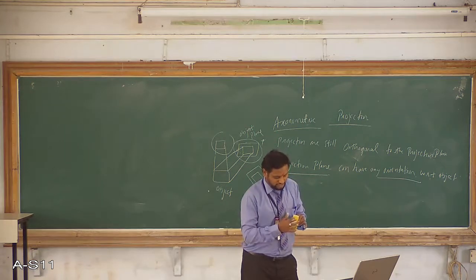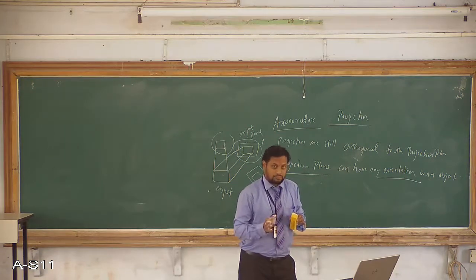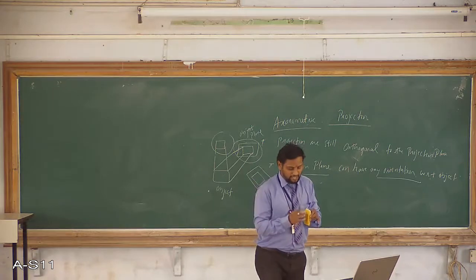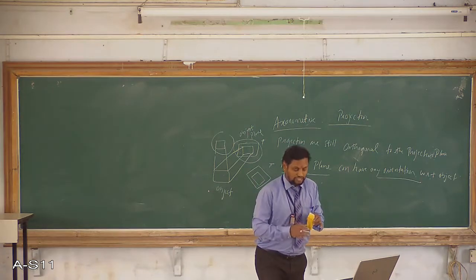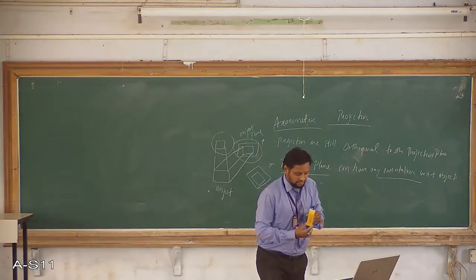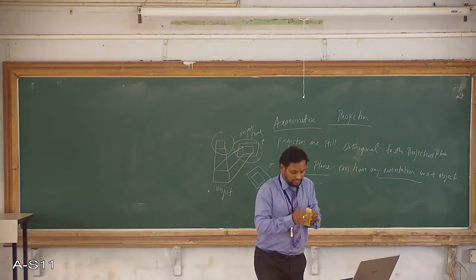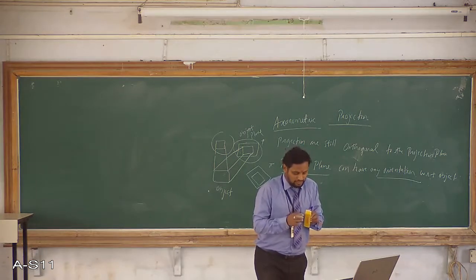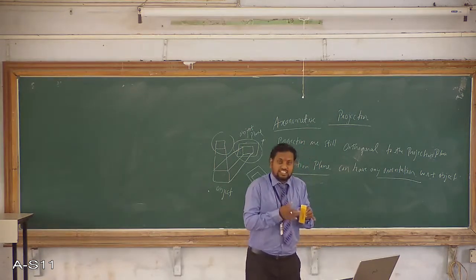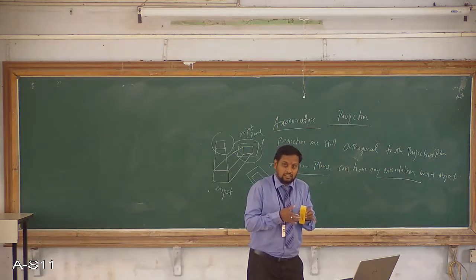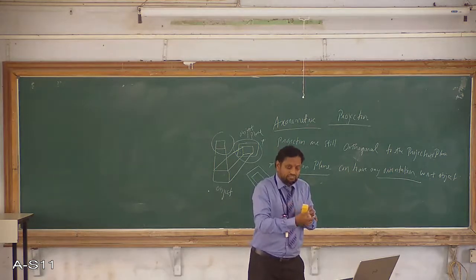Now you can see this, this and this. If I say trimetric, I can even place my object this way, and still you can see this face, the top face and the side face. But you can view this side very clearly compared to that face.